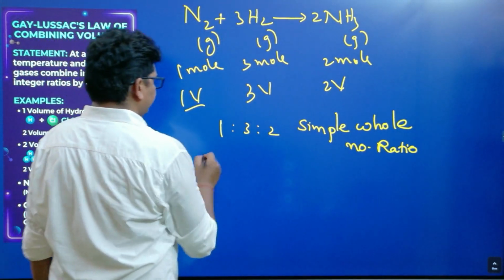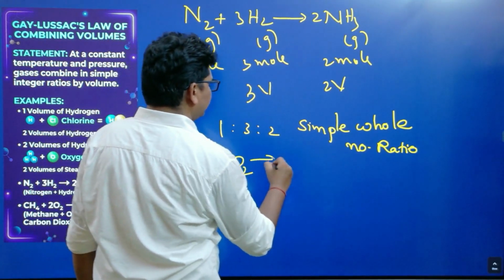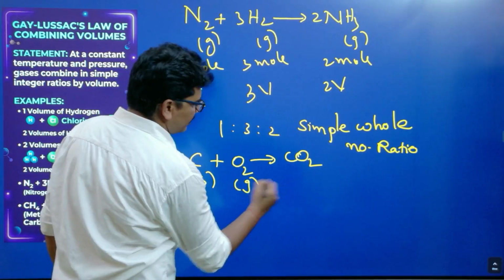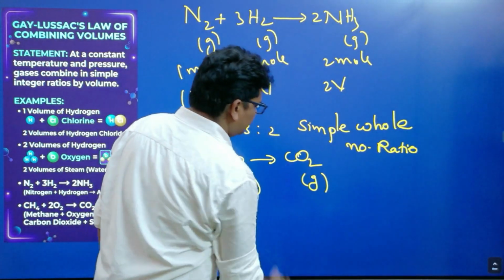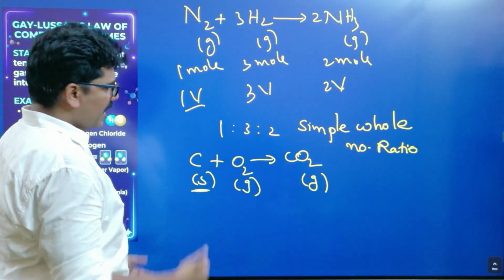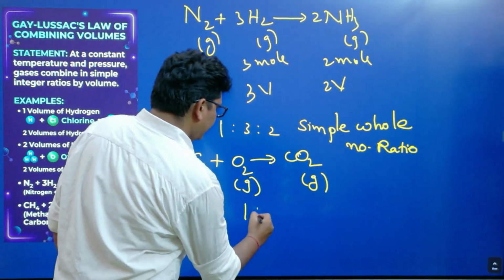For example, C plus O2 gives rise to CO2. Here carbon is solid, oxygen is a gas, and carbon dioxide is also a gas. Carbon is solid, so we don't take its volume. We consider only gaseous reactants and products. The volume ratio is 1 is to 1.